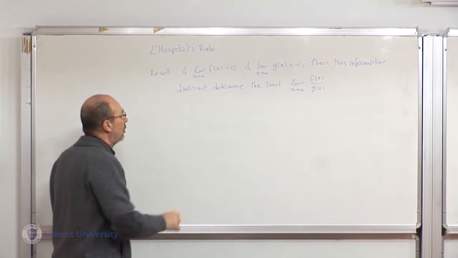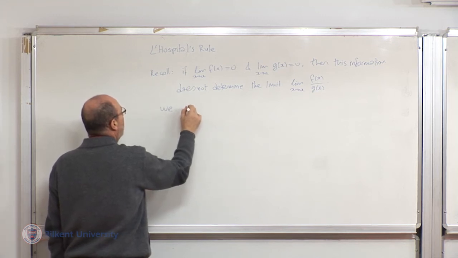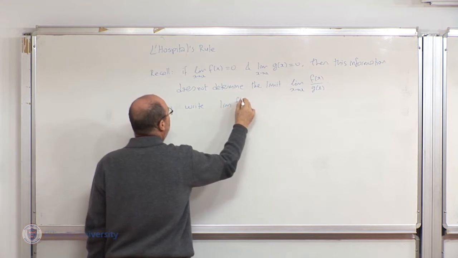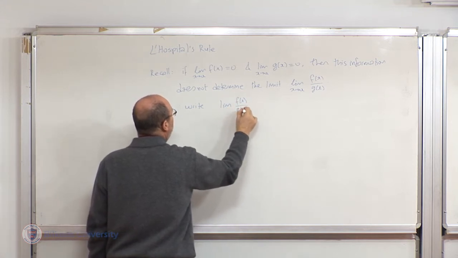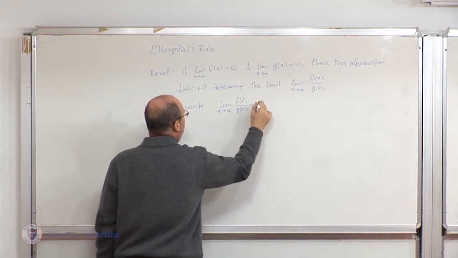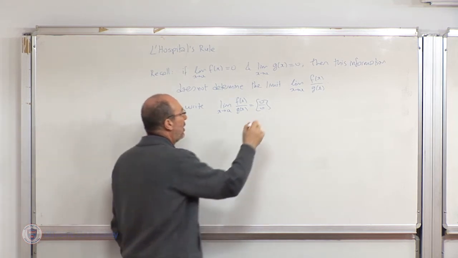Okay? So we summarize this. We write limit f of x over g of x as x goes to a is equal to 0 over 0 in parentheses to summarize the above.